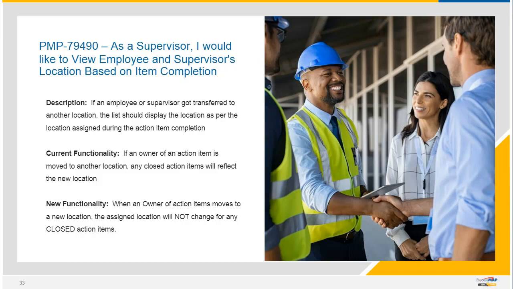Finally, we made a change with how an employee's location is set when they're making a change or transferring. Previously, if an employee or supervisor got transferred to another location, all the action items, both open and closed, transferred with that person to the new location.